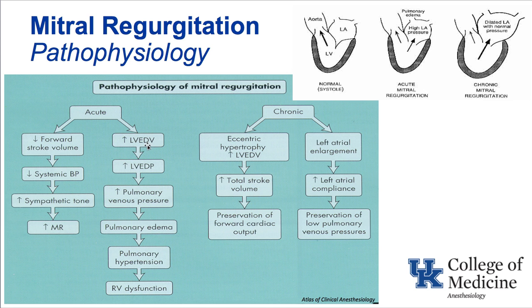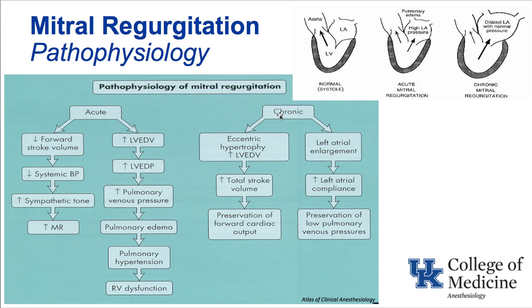The LVEDV is going to go up, end diastolic pressure goes up, blood is backing up into the pulmonary system, hydrostatic pulmonary edema can occur, pulmonary hypertension, and right heart failure. So this is the patient who has, for example, a papillary muscle disruption from coronary artery disease, myocardial infarction.